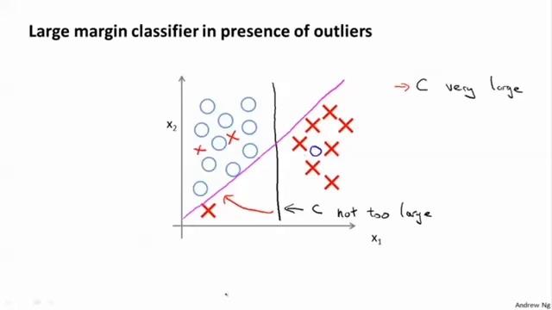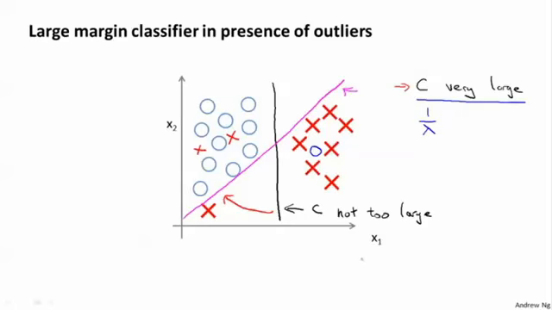And so this picture of a large margin classifier is really the picture that gives better intuition only for the case of when the regularization parameter C is very large. And just to remind you, C plays a role similar to 1 over lambda, where lambda is the regularization parameter we had previously, and so it's only if 1 over lambda is very large, or equivalently if lambda is very small, that you end up with things like this magenta decision boundary.